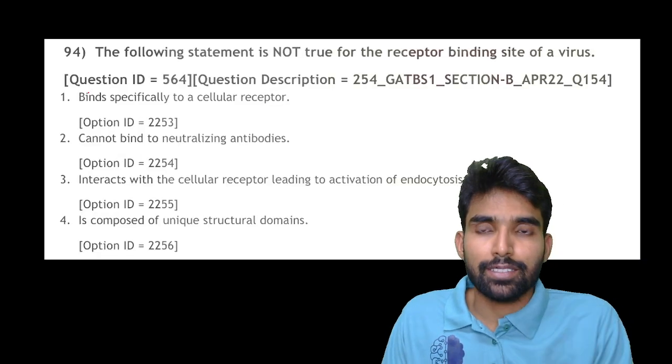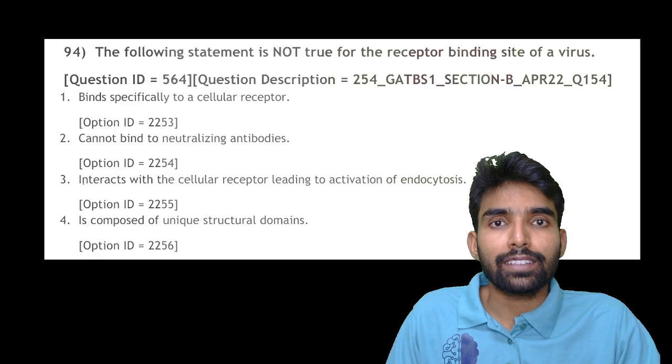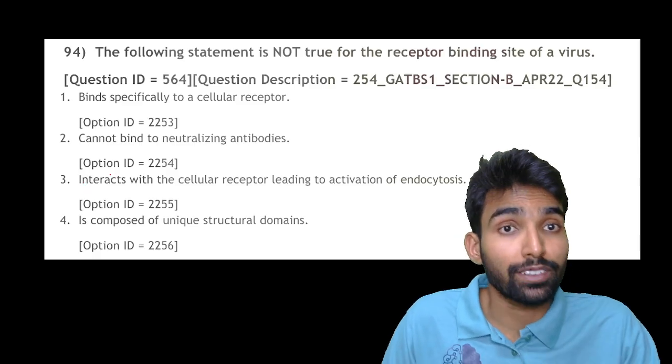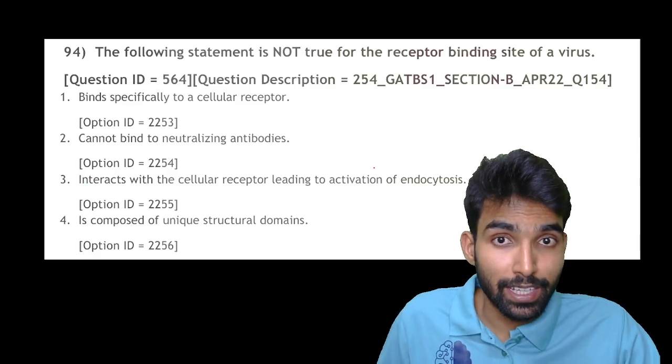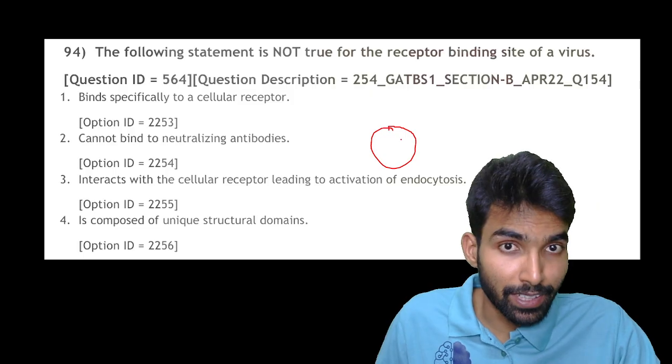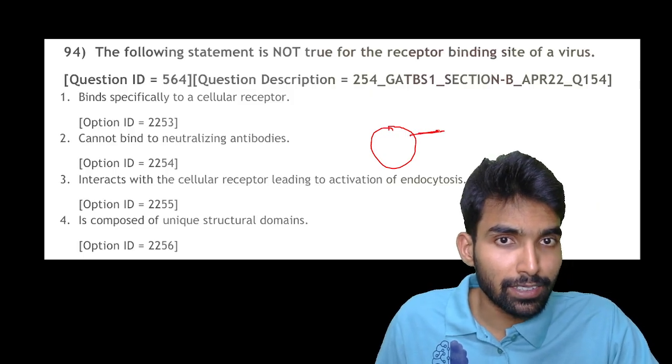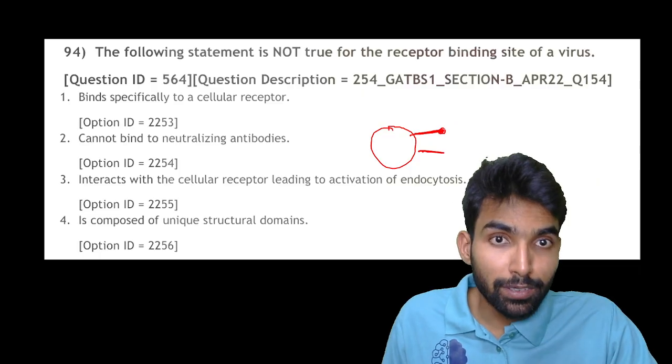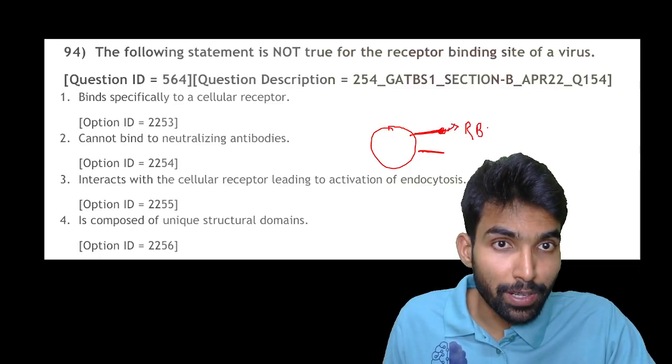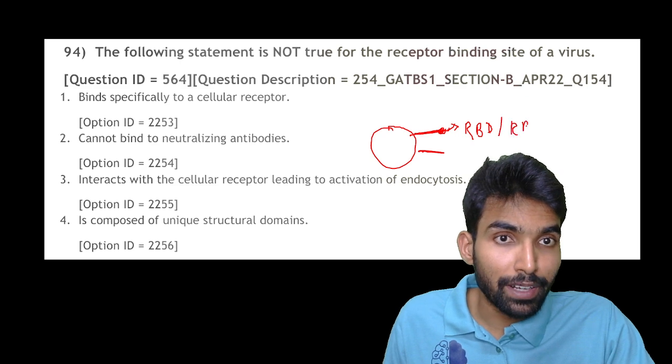Right? Next, the following statement is not true for the receptor binding site of the virus. That means if it's an enveloped virus, it has some surface glycoprotein, right? So the surface glycoprotein in one domain is called receptor binding domain or receptor binding site.